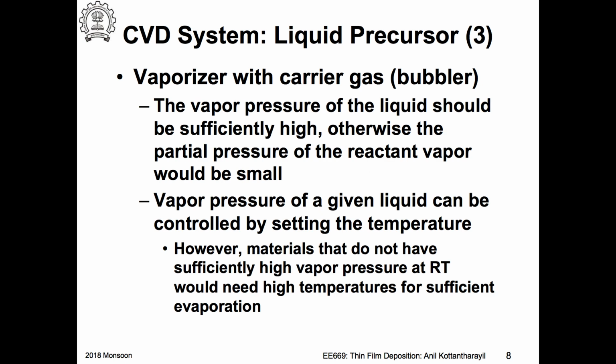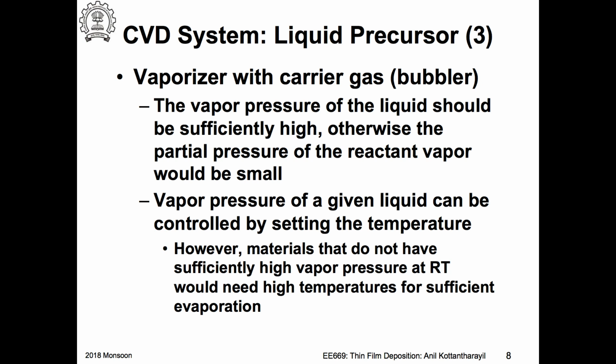Okay, so now, vaporizer with a carrier gas. The vapor pressure of the liquid should be sufficiently high, because if it is not high, then it's very difficult to get a vapor out of it. So what is high? We have some typical numbers. Otherwise, what would happen is, you are passing a gas, right?